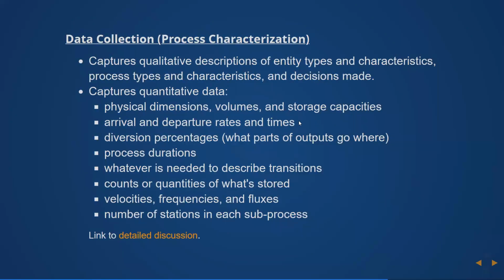So, to mention volume, storage capacities, and so on, arrival and departure information, what goes where information, we always call that diversion percentages. So if you reach a decision point in a flowchart, 40% go to A, 20% go to B, 10% go to C, and 30% go to D. And I think I added that right in my head.